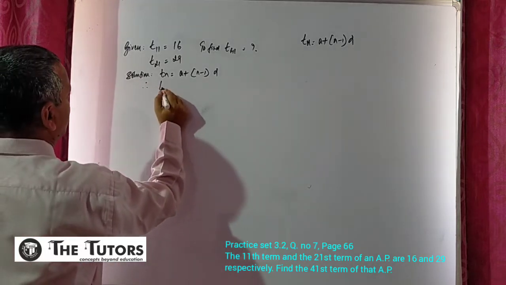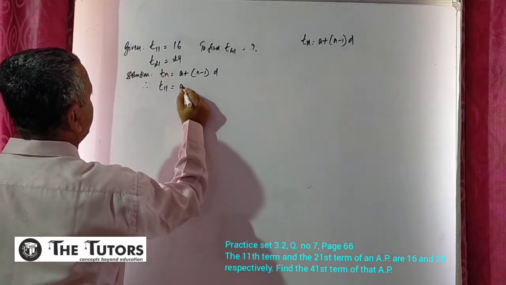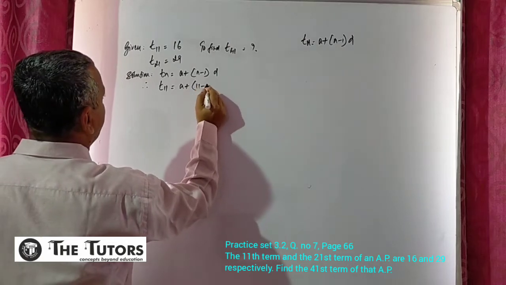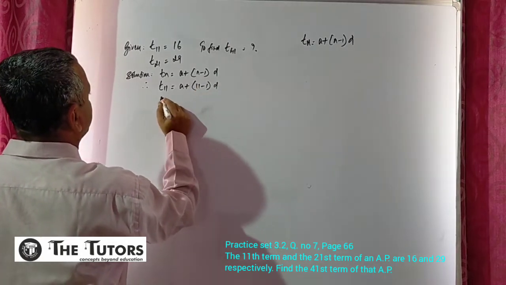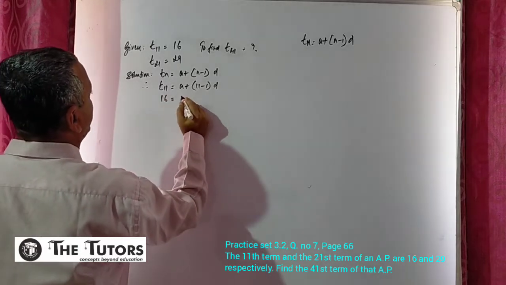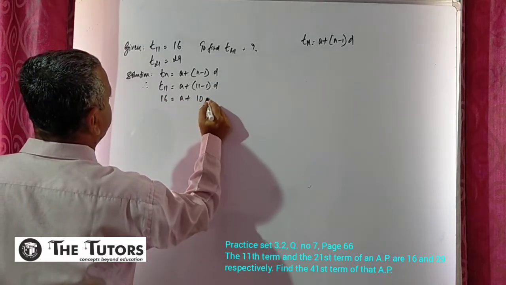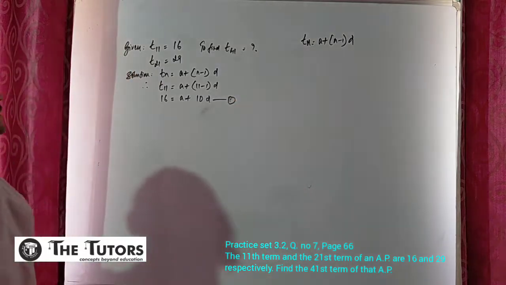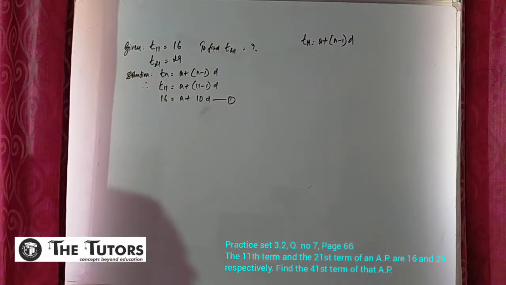Therefore T11 is equal to a plus 11 minus 1 d. T11 is given as 16, so 16 is equal to a plus 10d.